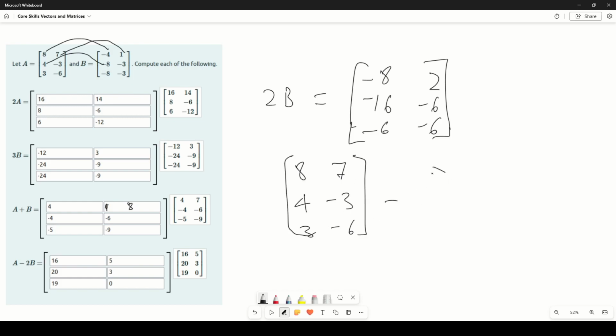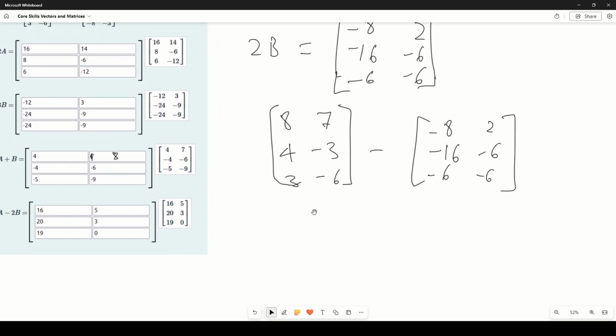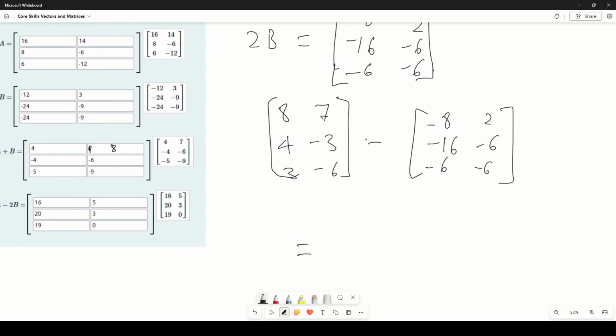I feel like one of the biggest dangers here is just making a silly arithmetic mistake, rather than actually getting the method wrong. Because once you know what to do, it should be alright. So this should give us 16, 5, 20, 3, and I'm not sure why this is 19 in my answer there.